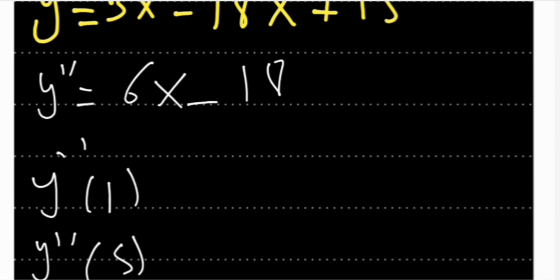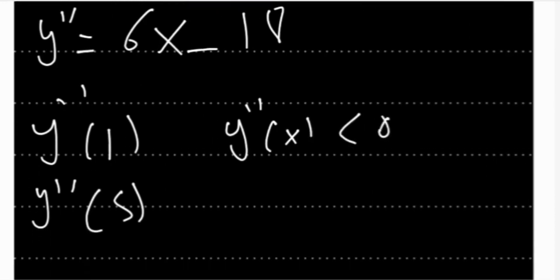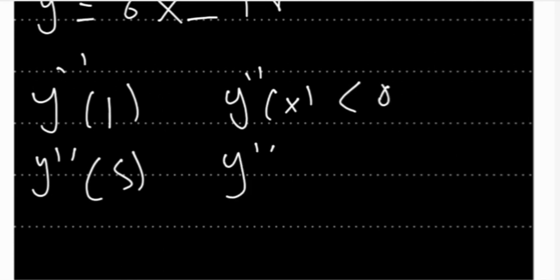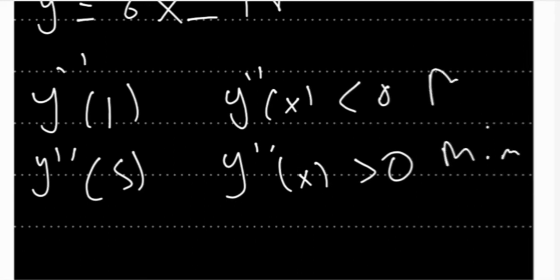Now this might not seem intuitive, but it will be a maximum when y2 of x is smaller than 0, and you will see this. And when y2 of x is bigger than 0, we will have a minimum, okay? And here a max.